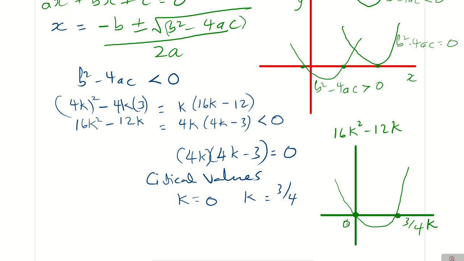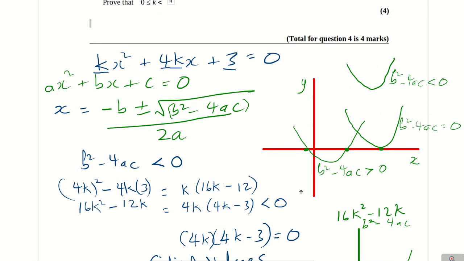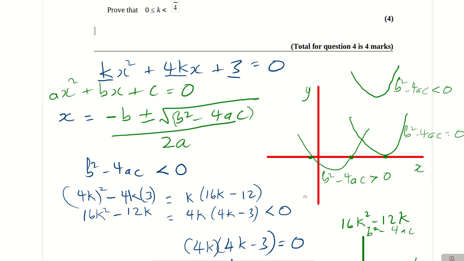So in other words, b squared minus 4ac, which is this thing here, is going to be negative for values of k that go from 0 to 3/4.